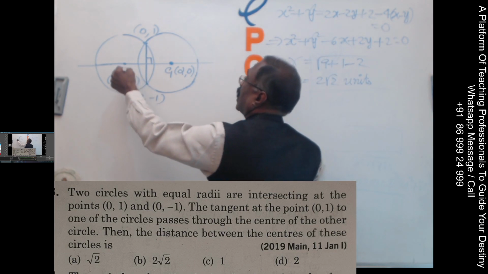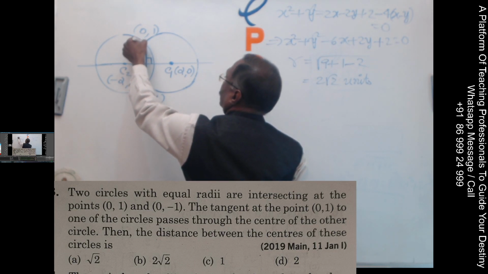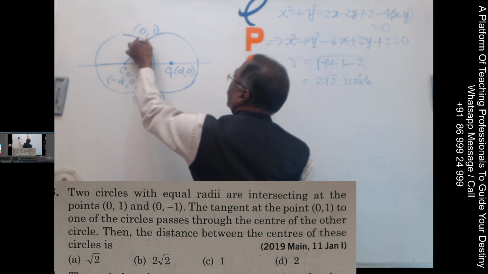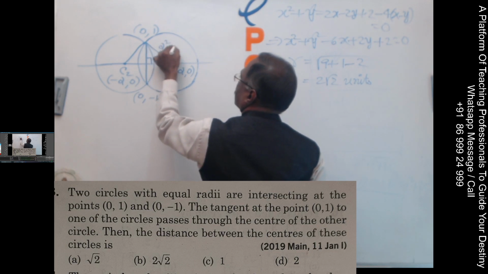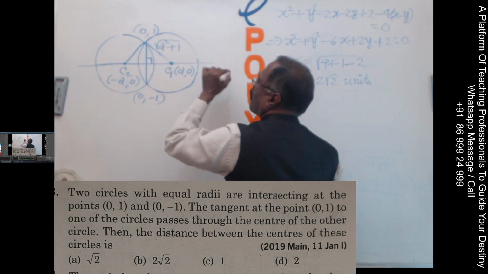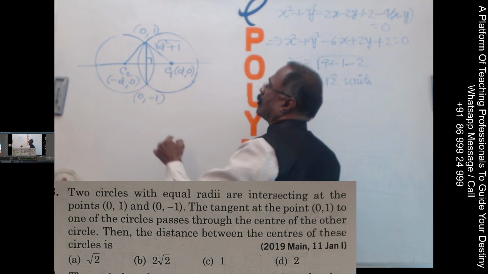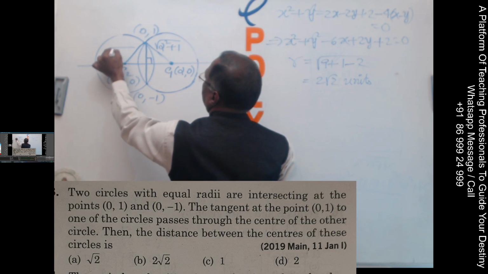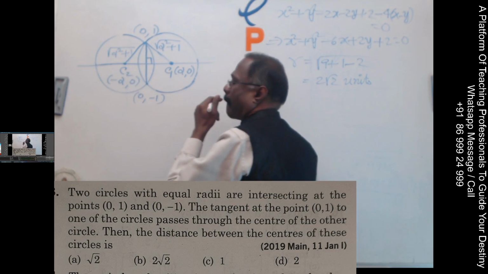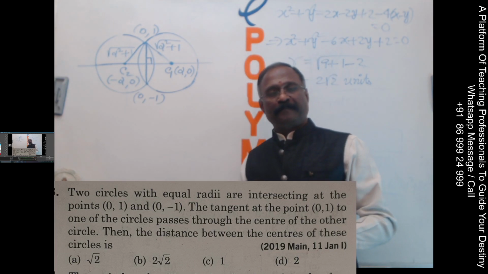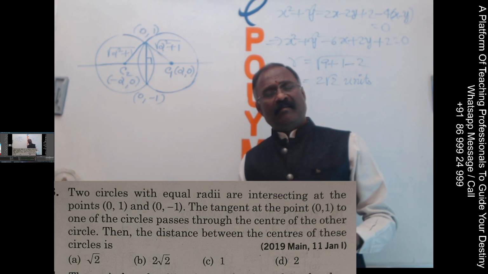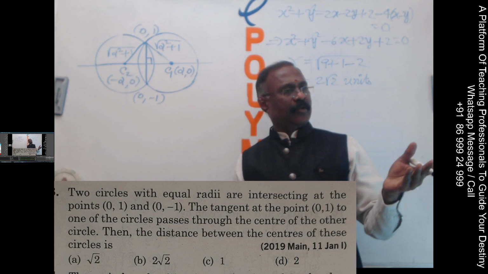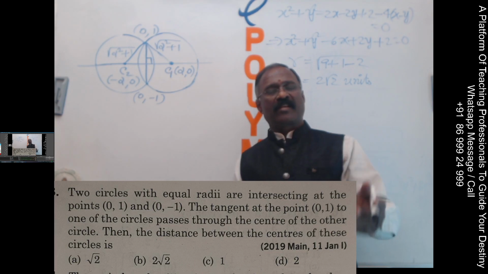So now this is the radius. How did we use it? Just see that. It is square root of alpha square plus 1. It is also square root of alpha square plus 1. Are you with me? How we took it: we have seen in the question that the two circles have the same radius.